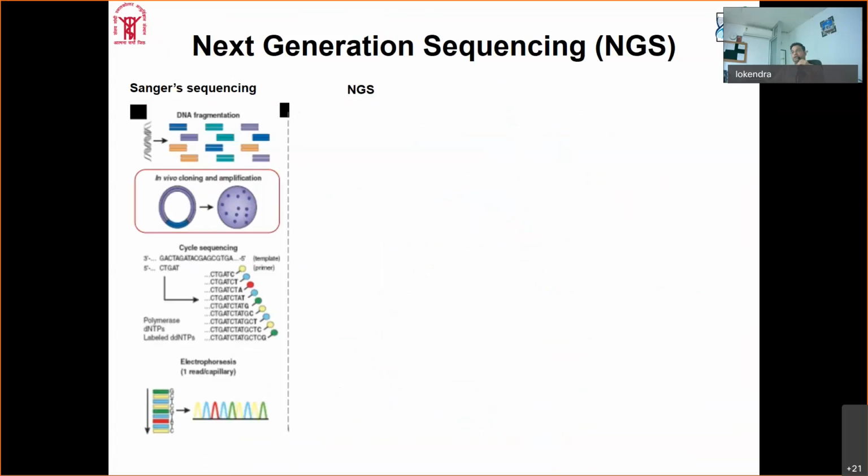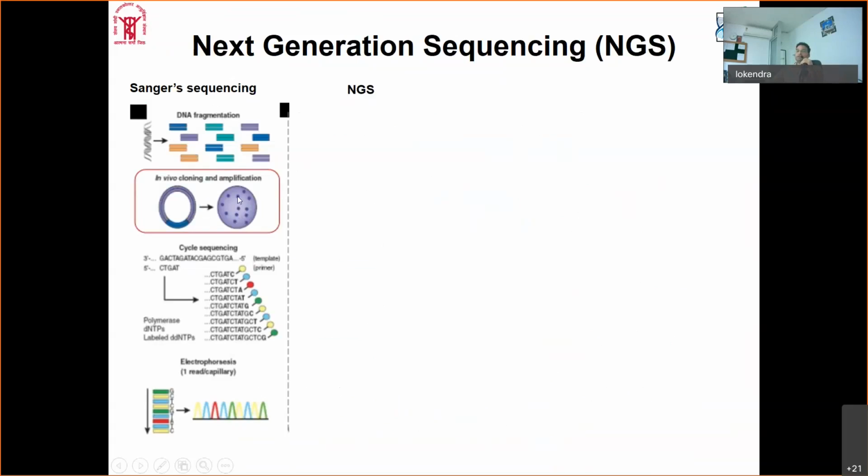If we look at NGS, originally when the human genome was sequenced the first time, Sanger sequencing, again known as the gold standard, was used. During this process there was DNA fragmentation. This is just a flow chart of how the whole genome was sequenced: if there is a DNA, you need to fragment it, and then each fragment needs to be cloned.